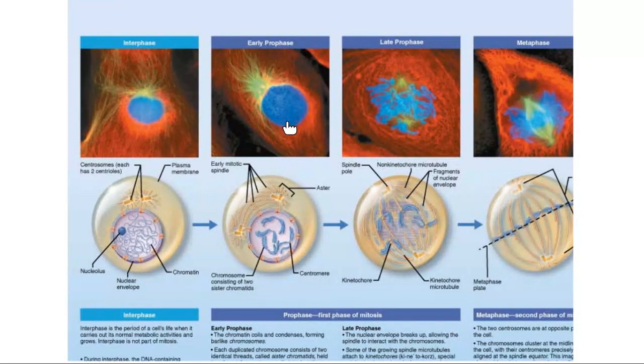So when you're looking at a cell that has started prophase, see how this nucleus looks a little bit spotty? I'm starting to see the beginnings of chromosomes. I'm taking that spaghetti noodle mess and I'm turning it into packed forms of DNA. In early prophase, we first start to form chromosomes.